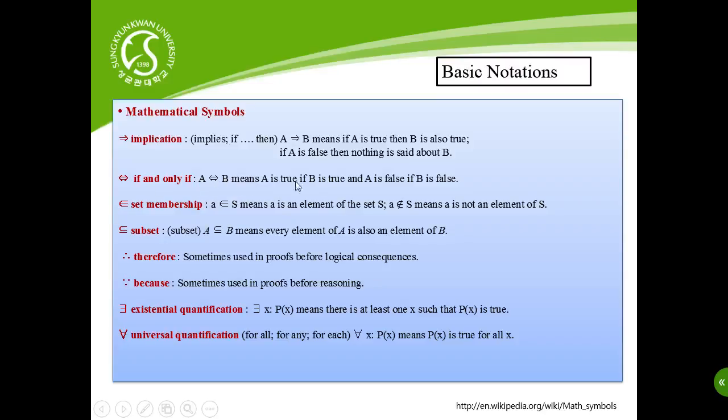So this means the double implication of both sides. And you know this notation, set membership. Element A is in the set S, that's what it means. And subset, this means the set A is a subset of B, can be notated in this way.